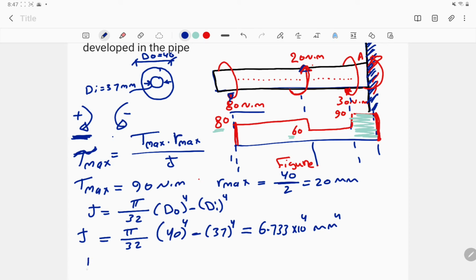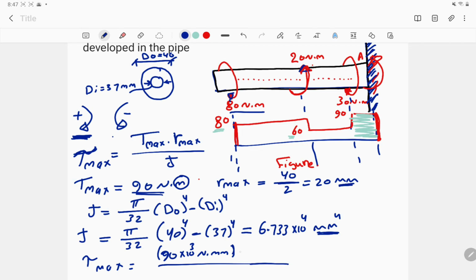So tau maximum, the maximum shear stress, is going to be T, 90 Newton meter. Because everything else is in millimeter, change the meter to millimeter, so I'm going to multiply this by 10 to the power 3. This becomes Newton millimeter.